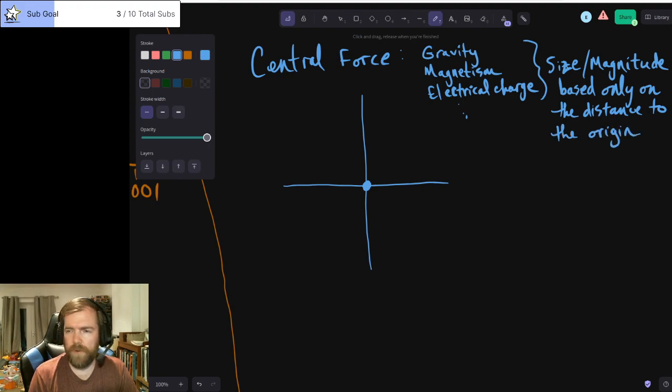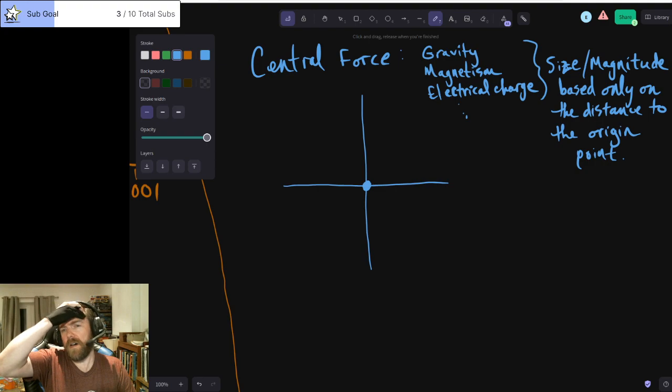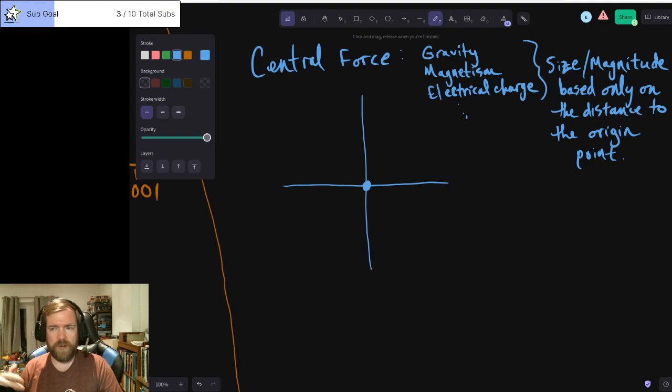We're just going to call it the origin point and assume that any other points that are out in space are not going to exert a significant force back on the object at the origin. So it is not effectively going to move anywhere.